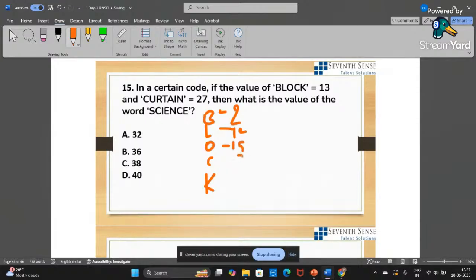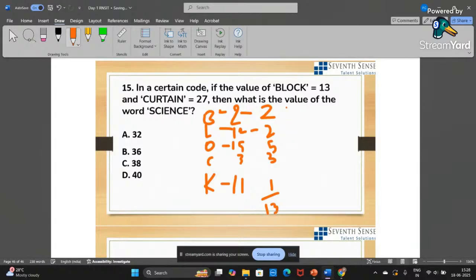For C it is 3. For K it is 11. So when it is a single digit number, take that single digit. When it is a 2-digit number, you have to multiply the digits: 1 into 2 is 2. 1 into 5 is 5. 3 and 1. Adding all this, how much will we get? 4, 5, 10, 30. So this is the logic they have applied.